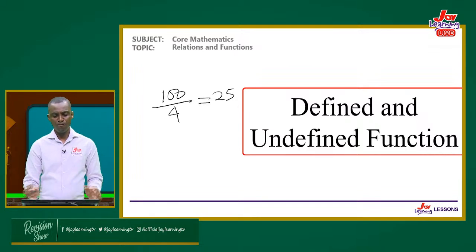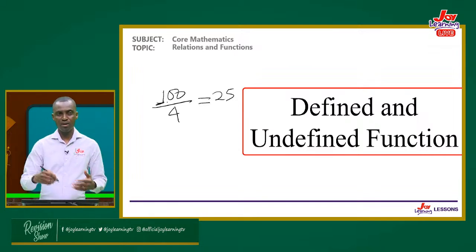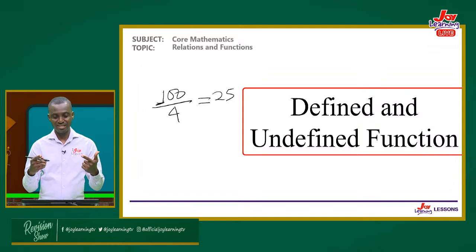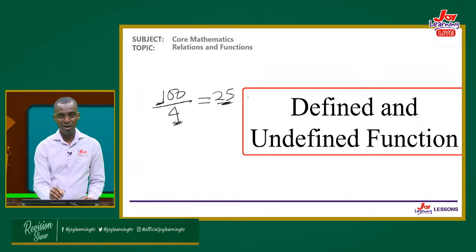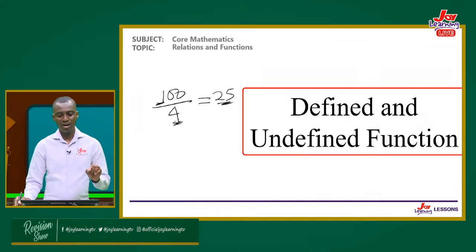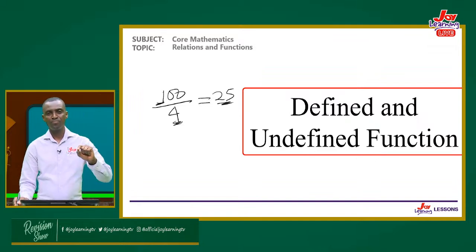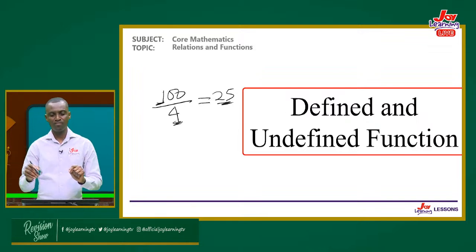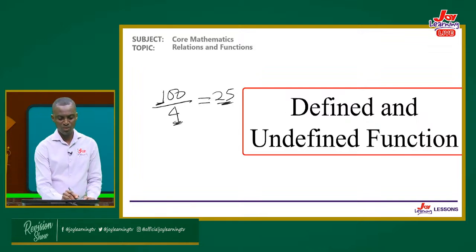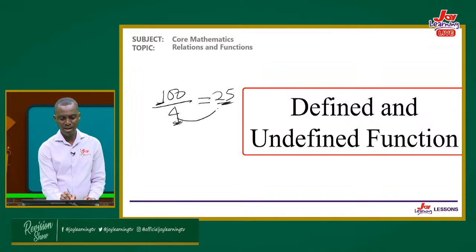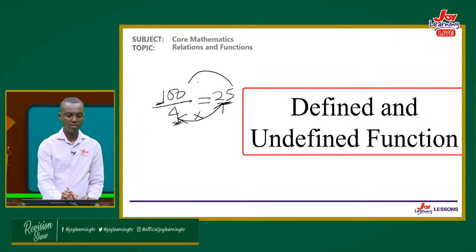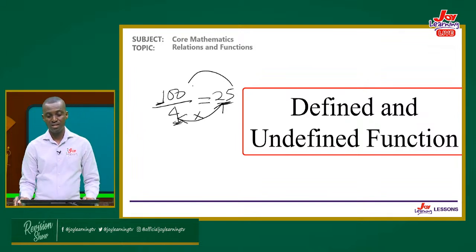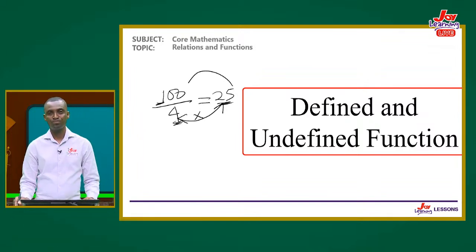The top number is the dividend, this is called the divisor, and this is our quotient. Anytime you divide the dividend by the divisor and you get a quotient, there is another relationship here. If I multiply the divisor by the quotient, I should get the dividend or the numerator.